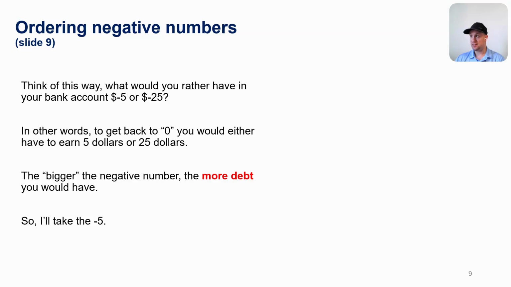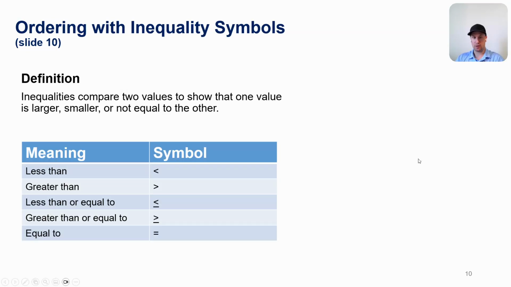Now, I've been using these inequality symbols, so let's go ahead and define these inequality symbols again so that we have a good understanding of what they look like, because we will be using these to order the negative numbers in this chapter. So the definition of ordering with inequality symbols is this.